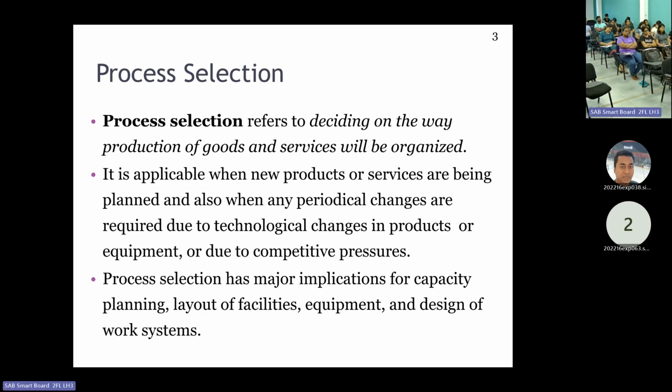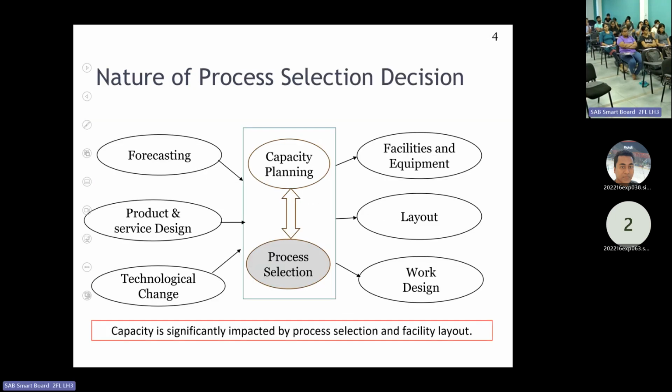This decision, process selection, may impact various other operations decisions, specifically capacity decisions, layout decisions, equipment decisions, and how the work system is arranged. That is what you see here in the next slide. The nature of this decision, we study about process selection, is closely linked with the previous area that we discussed, that is capacity planning.